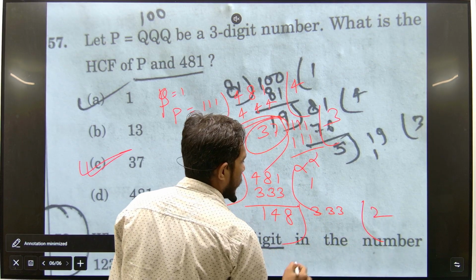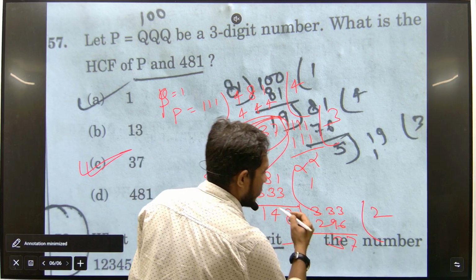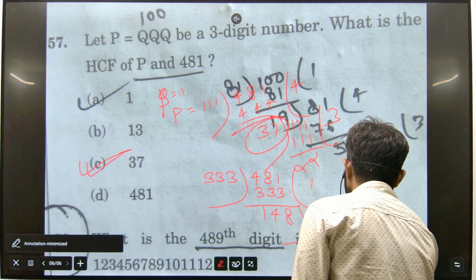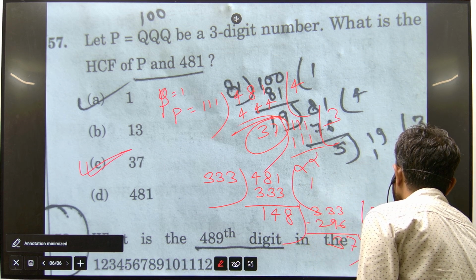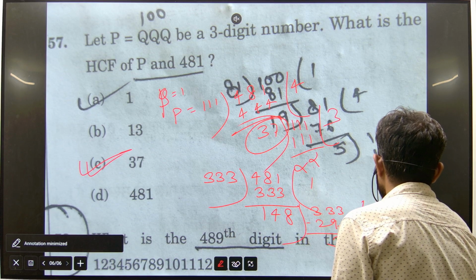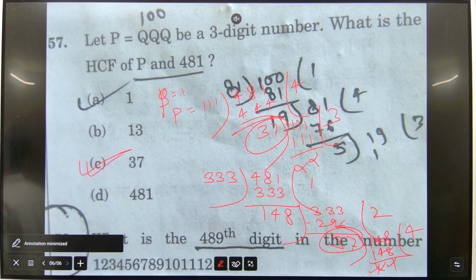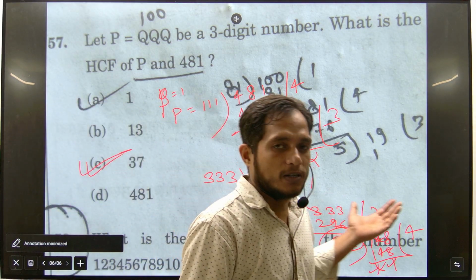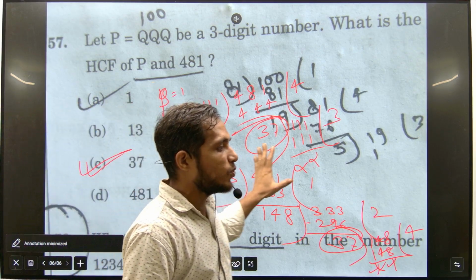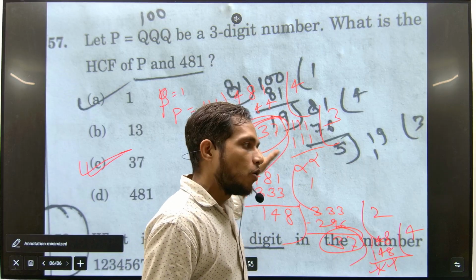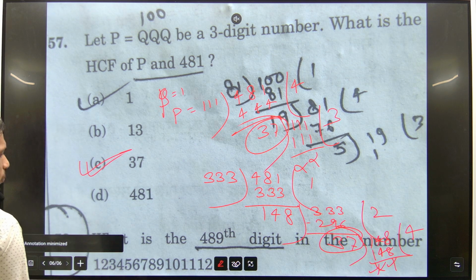So 148 two times is 296, and the remainder is 37, I am confirmed this becomes 37. Okay, 37 times 4 is 148. So from here it also gives the answer of what? 37. So it's a tricky question. You need not think too much about such a question. Just apply the hit and trial method, and you will get the answer for this question. Okay, now move towards another question.